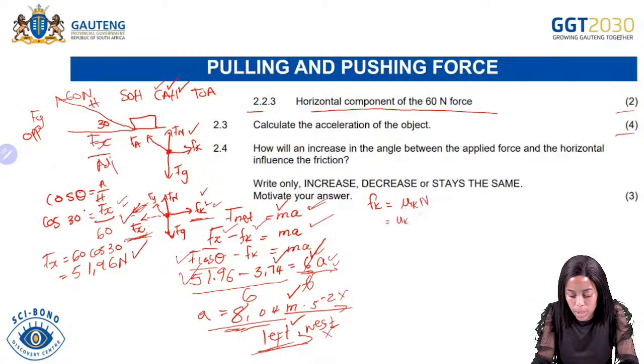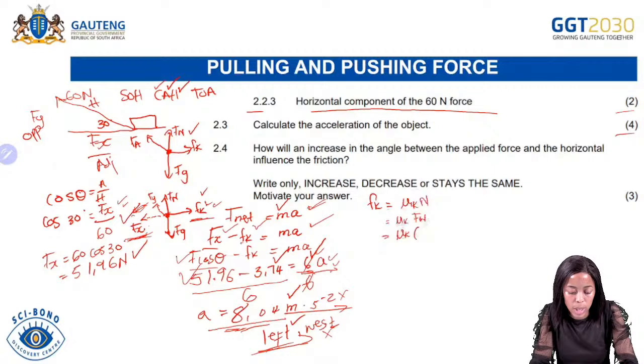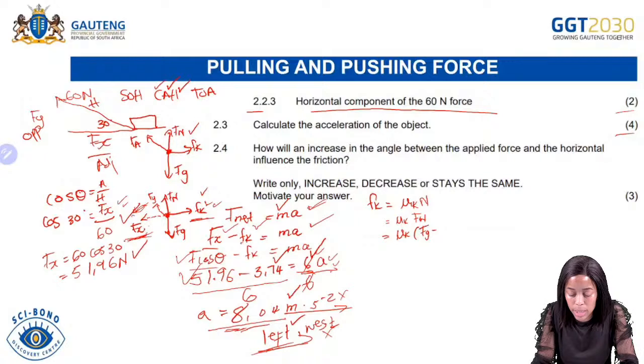Remember, the normal force you can also represent using capital F and small n. If we break it down, it becomes mu k, and because it is a pulling force, the normal force is Fg minus Fy. If you break it down again, it becomes Fg, which is mg, minus F sine theta.